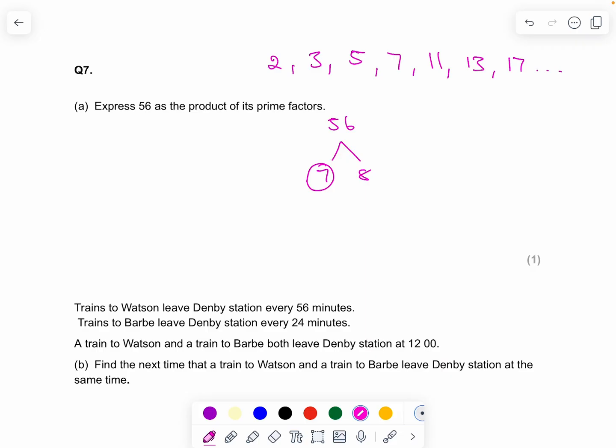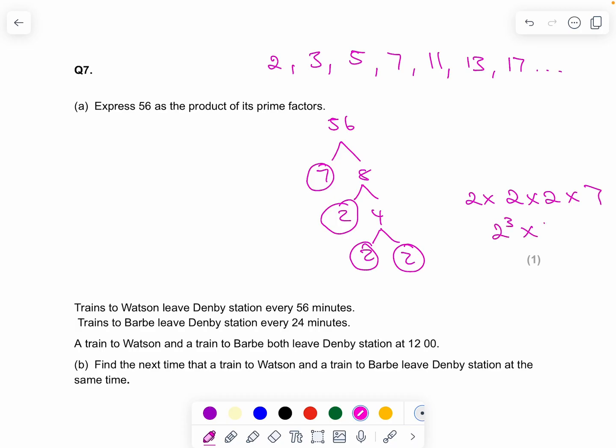So I've circled 7, I carry on with the 8, 2 times 4, circle 2, and then 2 times 2. But in order to get full marks, you need to write 2 times 2 times 2 times 7, or even better if you wrote 2 to the power of 3 times 7. But you must write it as a product, i.e. you've got to write the multiplication sign in. Otherwise, it's not the full answer.